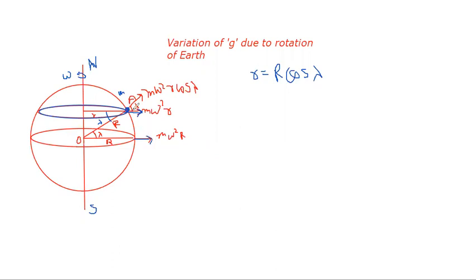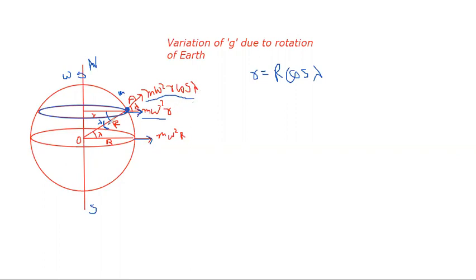Now, since we want the weight of the body, the force of gravity acts in this direction. So the component of centrifugal force which acts opposite to this force of gravity is m omega square r cos lambda.